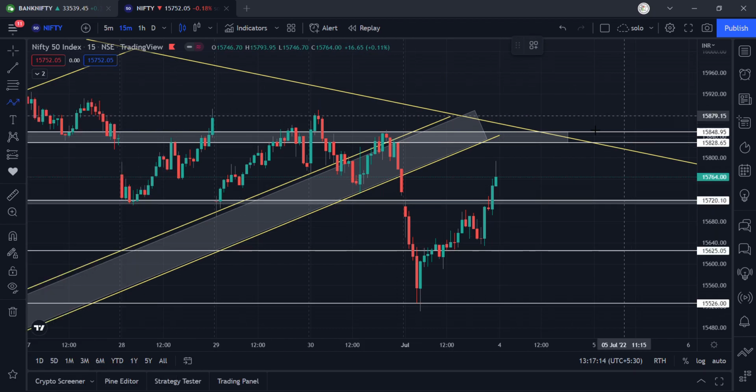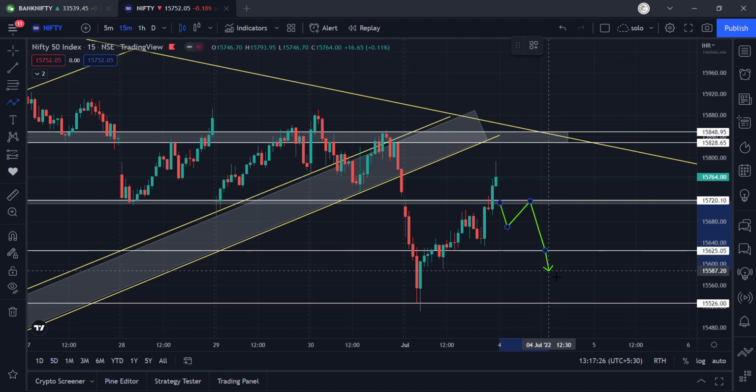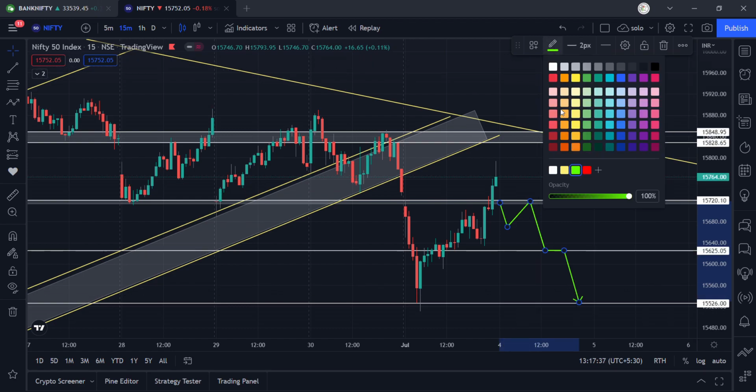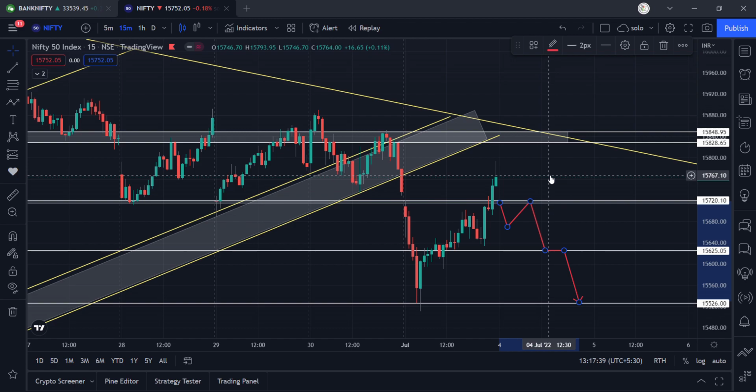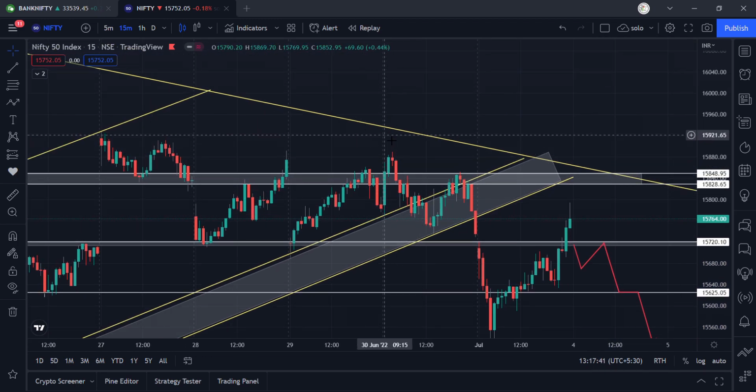Number 2 is entries, and directly I'll show you the targets even. If the market breaks below this 15,720, then you can take an entry over here below 15,720 to the target one of 15,625, and just after breaking this, take your target 2 as 15,526. So this is a bearish target, and there is no chance of a bullish target.